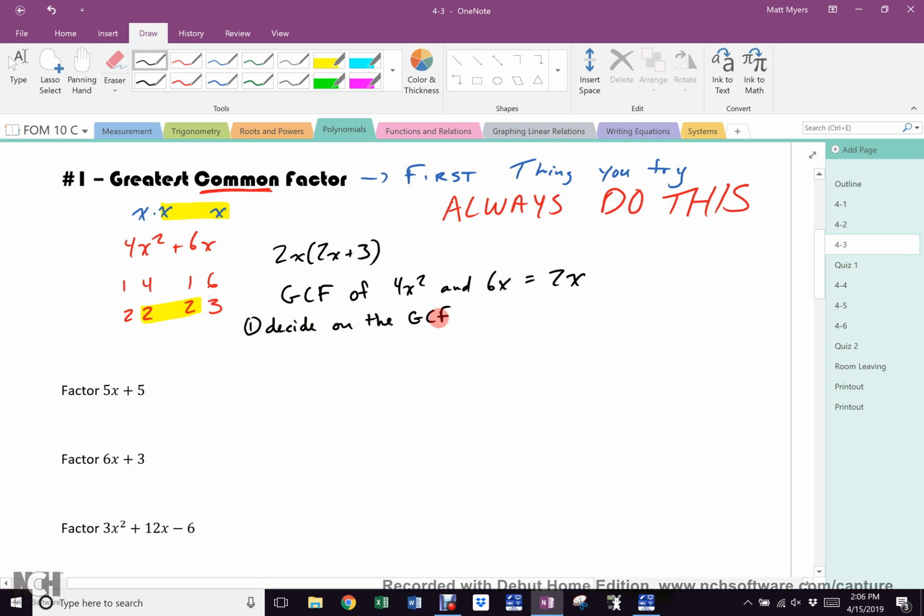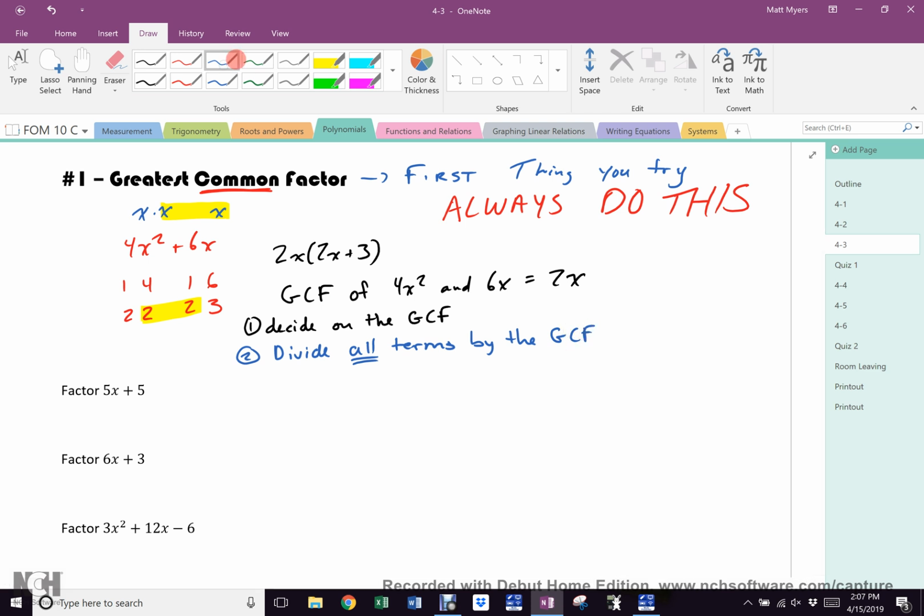So, we have decided on a GCF. Have we done any division yet? No. That is step 2. Step 2, you divide all terms by the GCF.